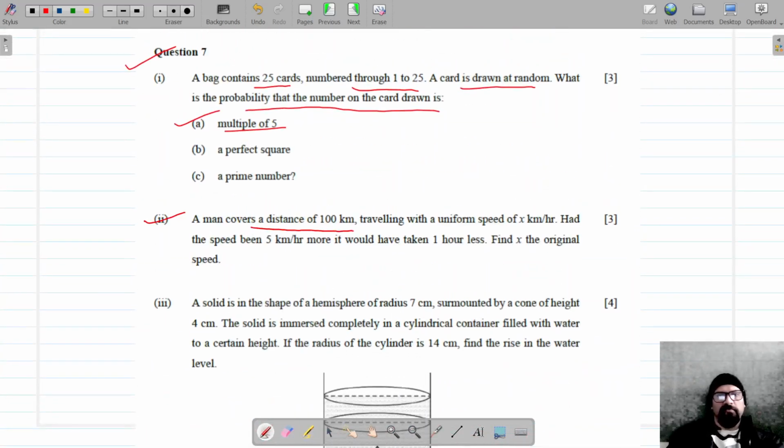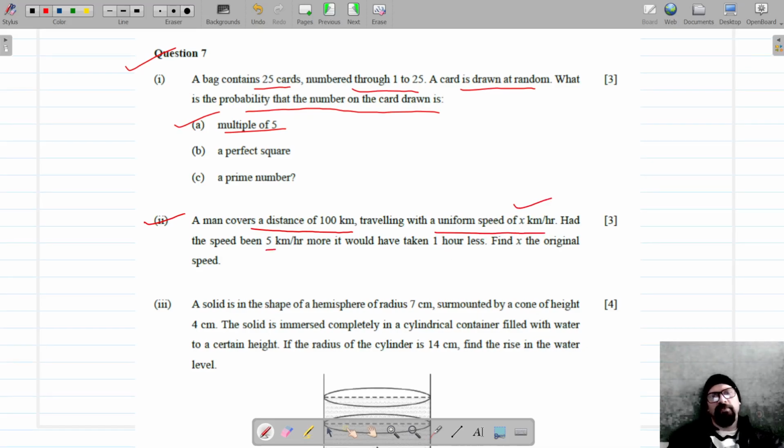A man covers a distance of 100 kilometers traveling with a uniform speed of x kilometers per hour. Had the speed been 5 kilometers per hour more, it would take 1 hour less. Find the original speed.